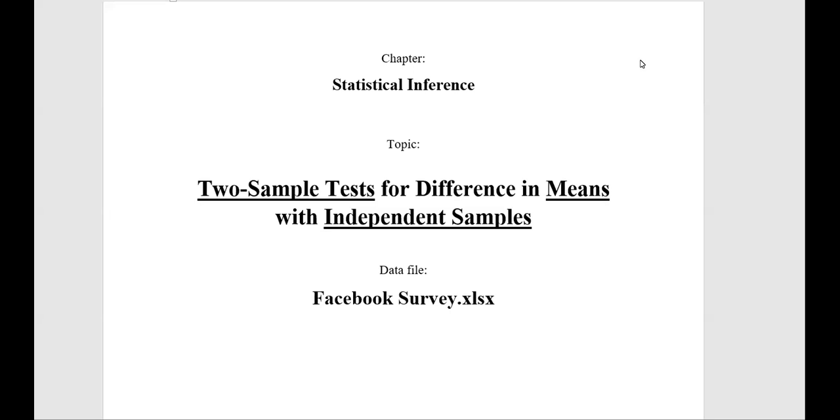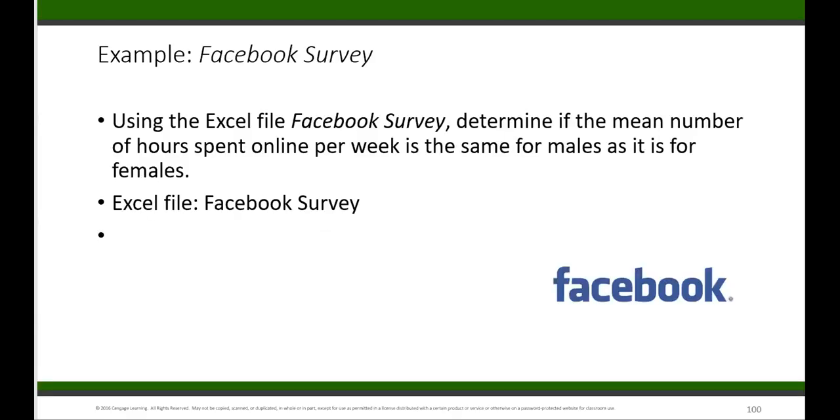In this video, we're going to do another example on two sample tests for difference in means when we have independent samples. For this, we're going to use data file Facebook survey. Here is the question that we want to answer.